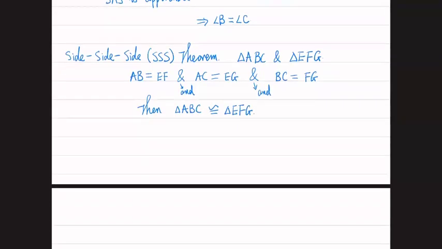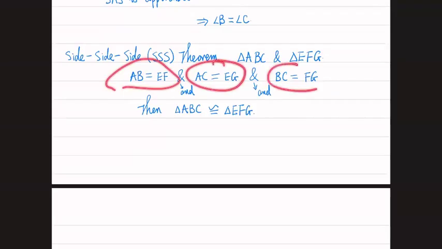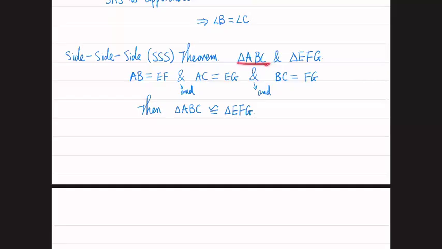Okay, let's think about how we're going to prove it. We have two triangles, three pairs of their sides, each pair having the same length. Then we claim they are actually congruent. The angles must be the same.